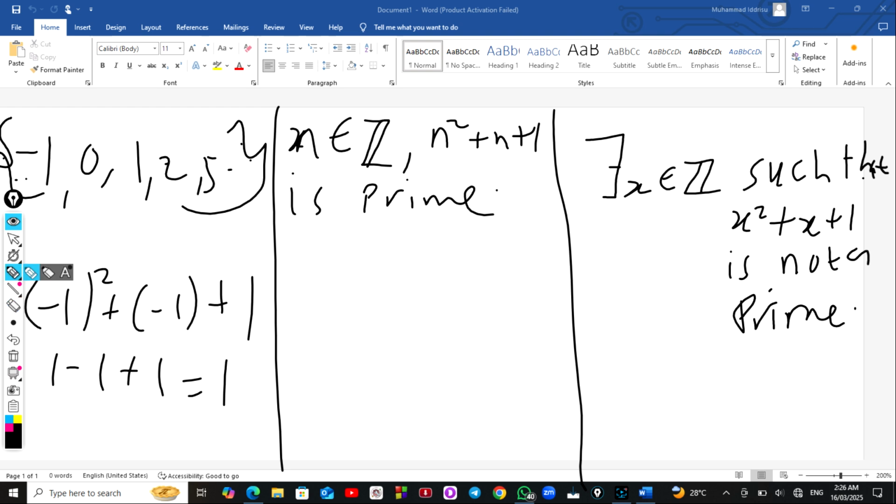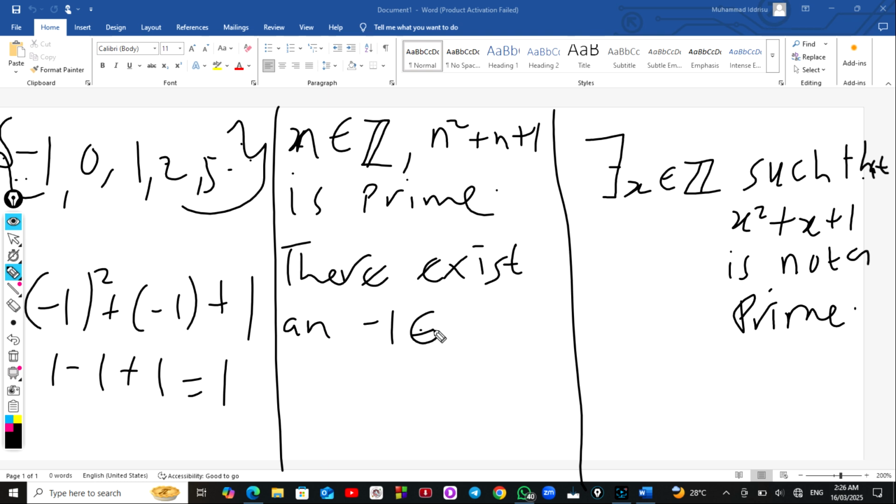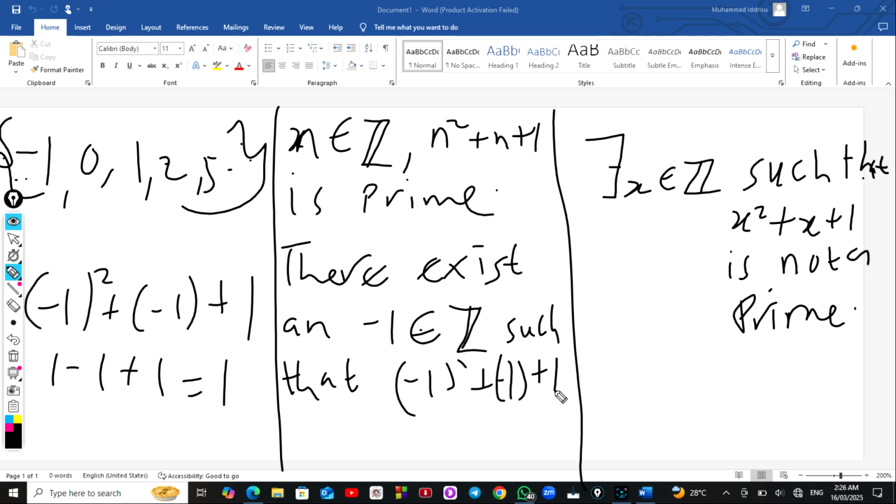So we conclude that there exists a negative 1 in the integers such that negative 1 squared plus negative 1 plus 1, which is equal to 1, is not a prime.